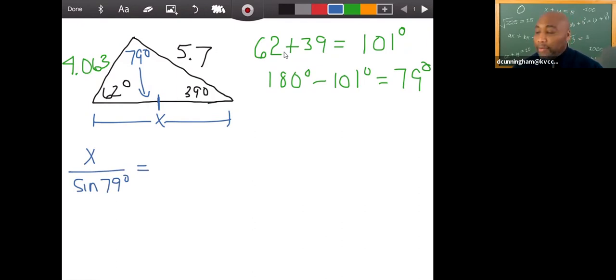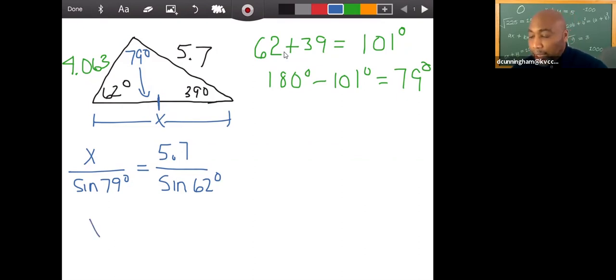I'm going to stick with the 5.7. So 5.7 divided by the sine of the 62 angle, since those are opposite. The angle and the side are opposite each other. I could have used the 4.063 divided by, in that case, the sine of 39 degrees. But I decided to use this, and we'll still end up with the same answer.